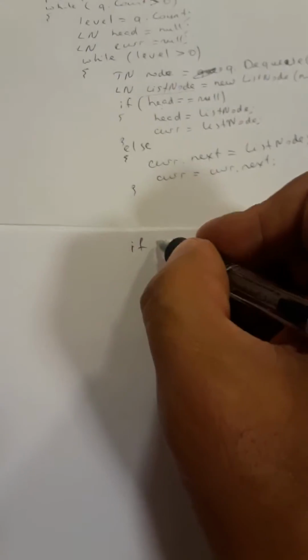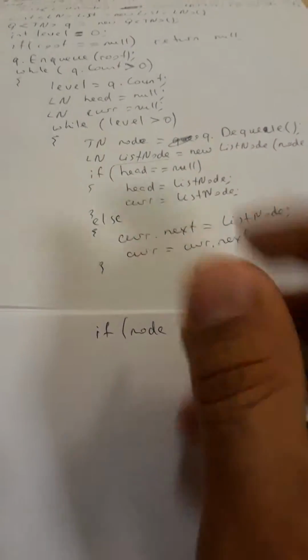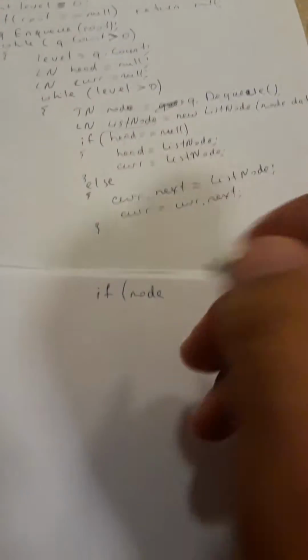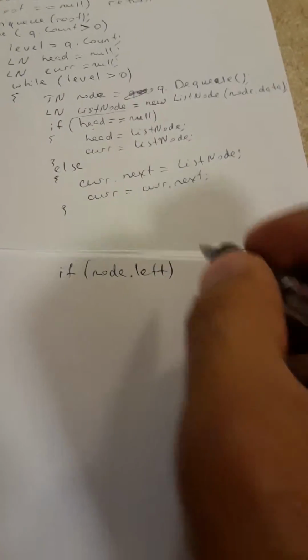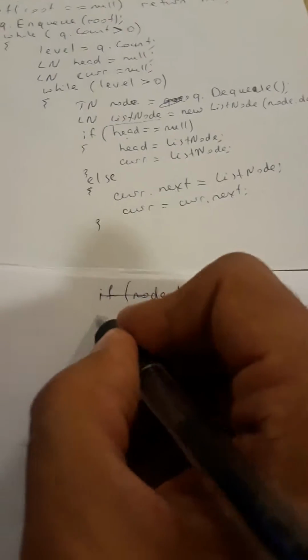I will continue on the next page, and we will check if our node has children. If it has children, then we will push these children. First we'll check if it has a left child.